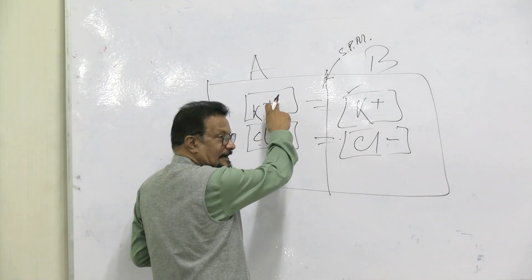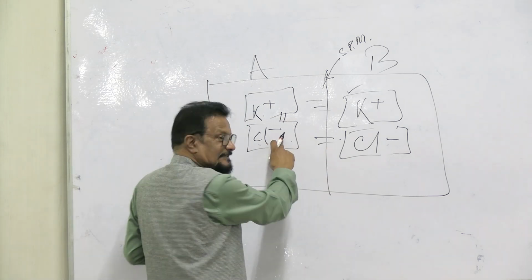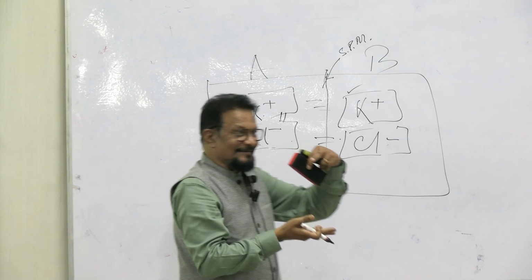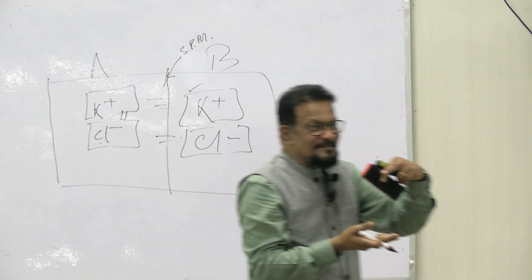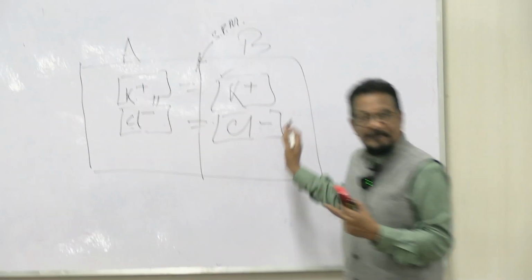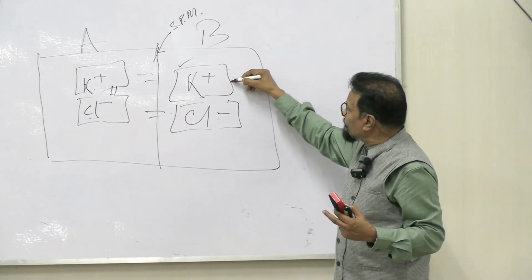How many positive charges are there? Okay, 5. How many negative charges are there? Okay, 5. So these are neutral, no charge difference, electrically neutral. So that side will also be electrically neutral.